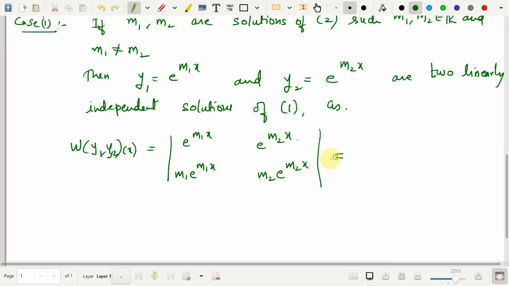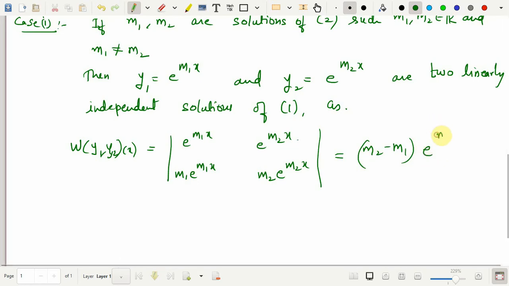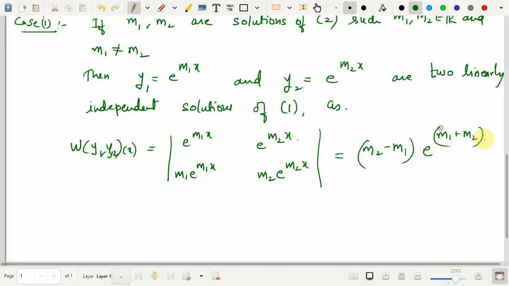So this turns out to be m2 e raised to m2 x into e raised to m1 x, and e raised to m2 x into e raised to m1 x is e raised to (m1 plus m2) x, minus m1 e raised to m1 x into e raised to m2 x. So e raised to (m1 plus m2) x is the common term, and from the first term you remove m2, and from the second term you remove m1. So that is the same as (m2 minus m1) into e raised to (m1 plus m2) x.